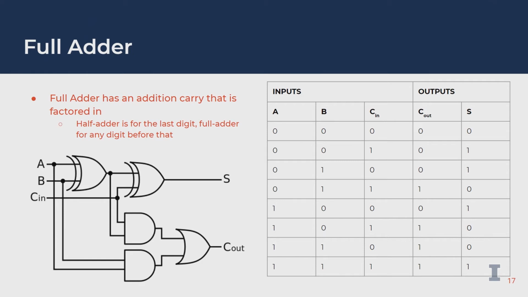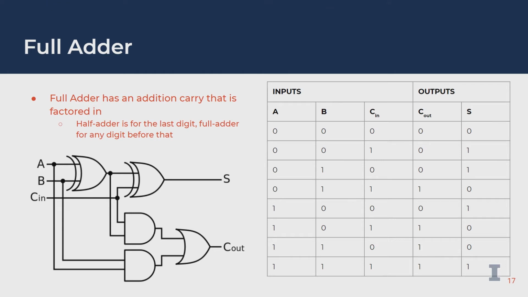So I guess we can try to go over this together. What's this gate right here? XOR, right. So this is going to be the XOR of A and B. And then that goes into this other XOR gate, so that's going to be XORed with what?